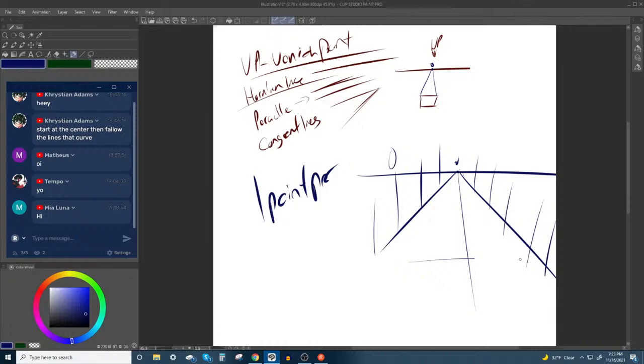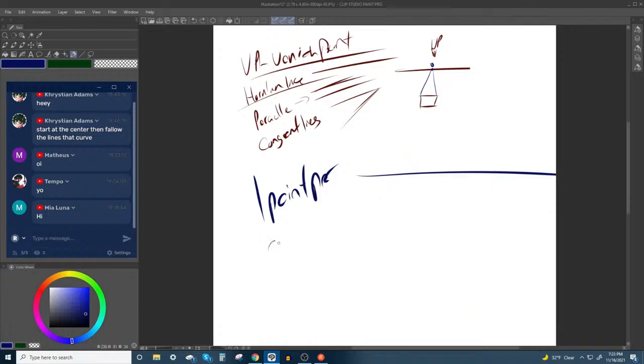Two point perspective is pretty much where we're looking at two points going in two different directions of the horizon line.